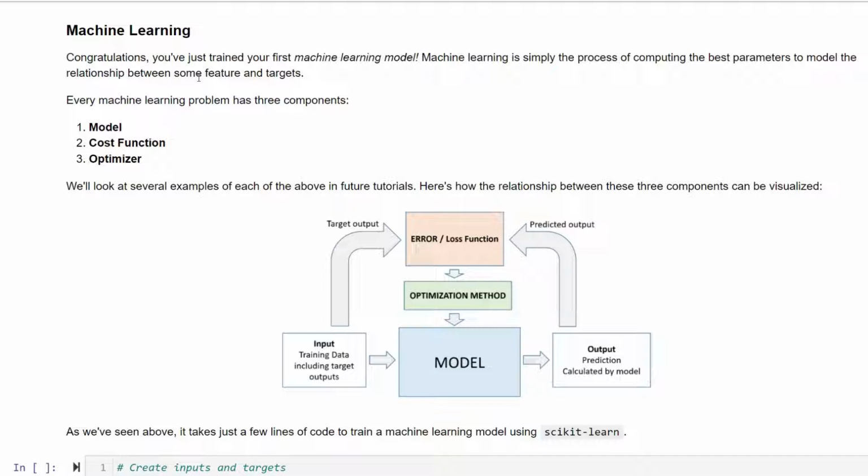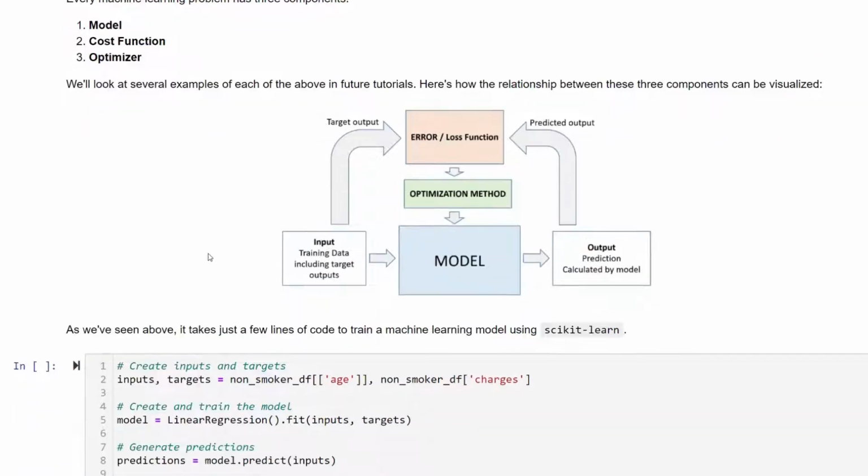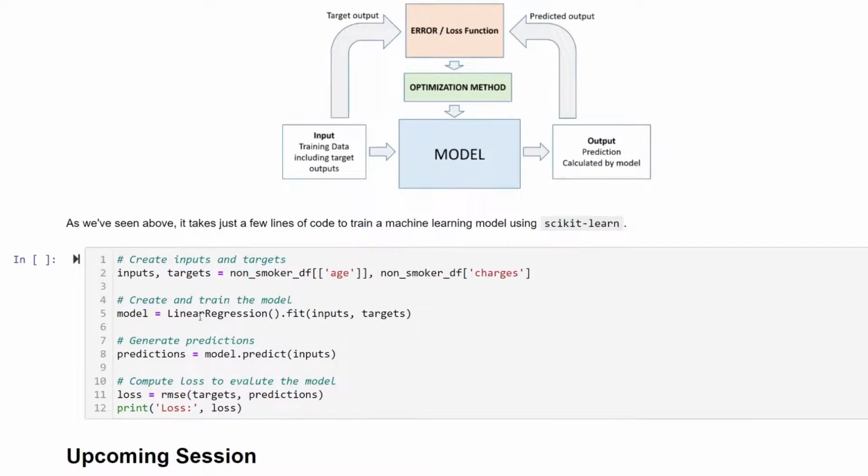It may be linear regression, XGB booster, or something else. After that, we need to calculate the cost function or loss function in order to evaluate whether our model is performing with the best accuracy or not. The lower the root mean square error, the more perfect our model is. And after that, we have to optimize to reduce that cost function. So this will be the diagram representing it.